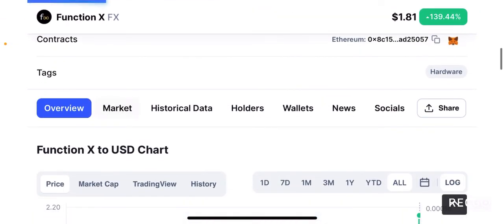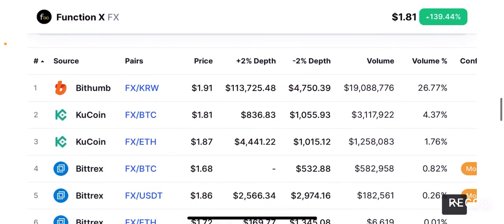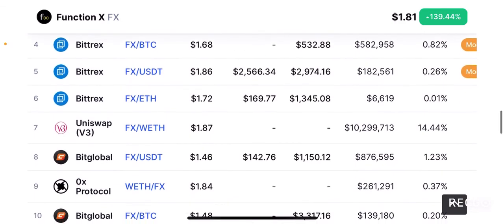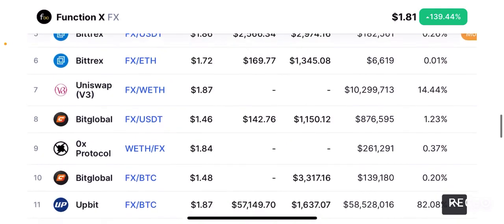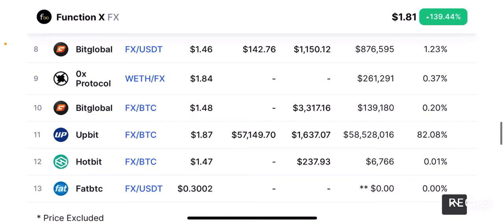So again, if you take a look at the markets itself, this token was available on KuCoin, Bittrex and Bithumb, but it will also be soon available on Coinbase Pro and I believe Coinbase as well. If you want to get it from decentralized exchanges, you can get it from Uniswap version 3 and 0x, and that's pretty much it, right?